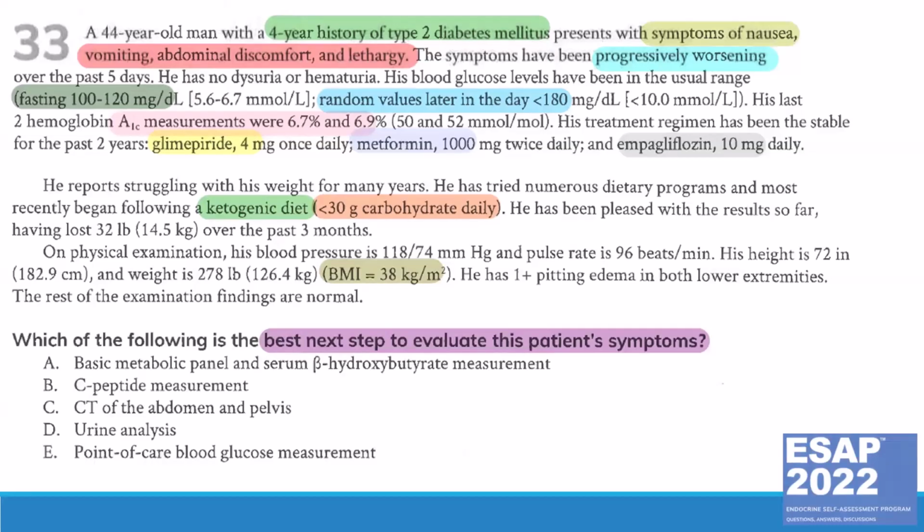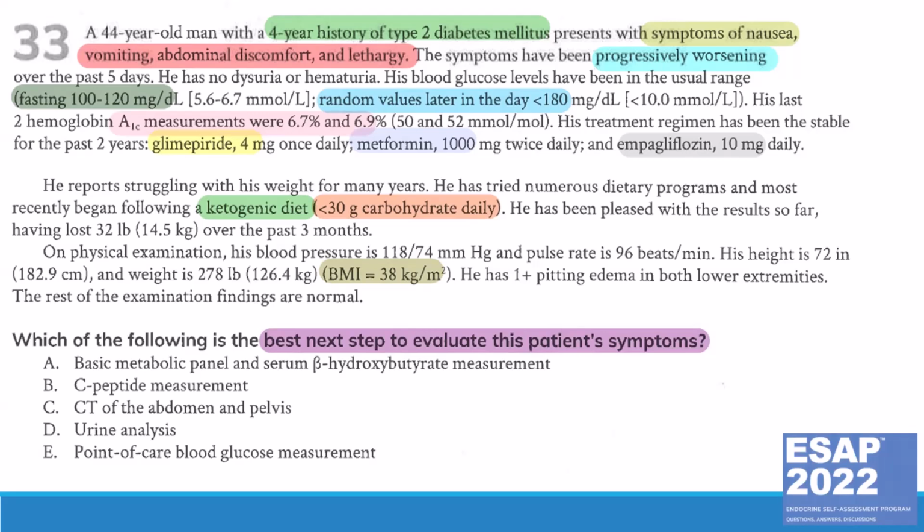The patient is already on glimepiride, metformin, and empagliflozin. Most recently, the patient started a ketogenic diet, less than 30 grams of carbohydrate daily. The body mass index is obese. Which of the following is the best next step to evaluate the patient?